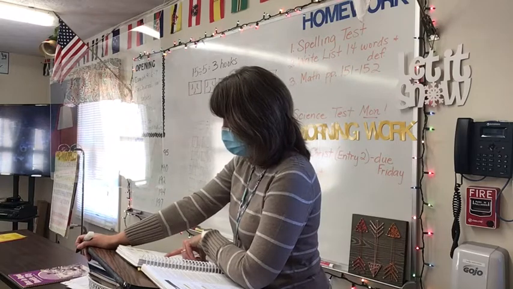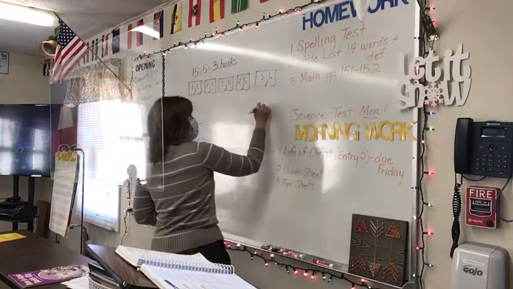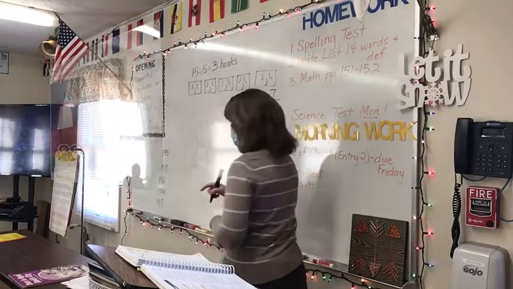Alright, what is 42 divided by 6? 7. So you're going to be writing it above 42.